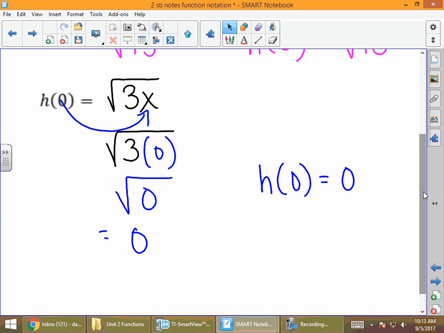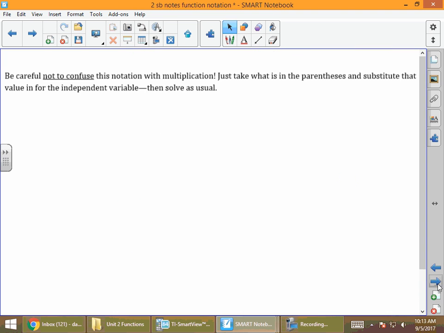And what we're given in these particular examples is we were given the input and we came up with the output. But we can be given the output as well. It says, be careful not to confuse this notation with multiplication. Just take what is in the parentheses and substitute that value in for the independent variable, then solve as usual.